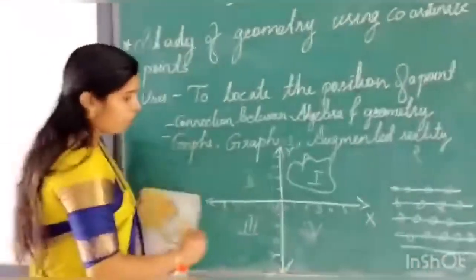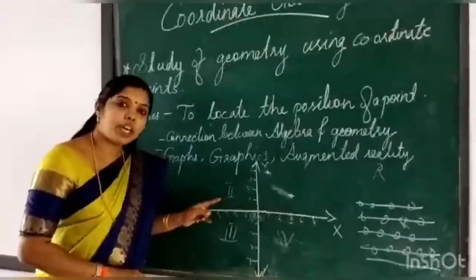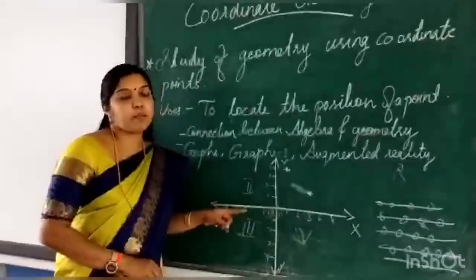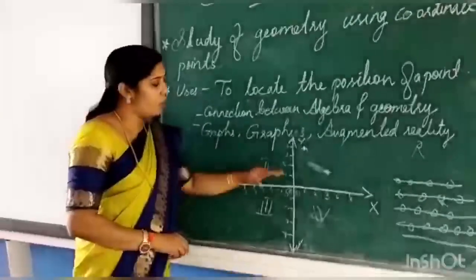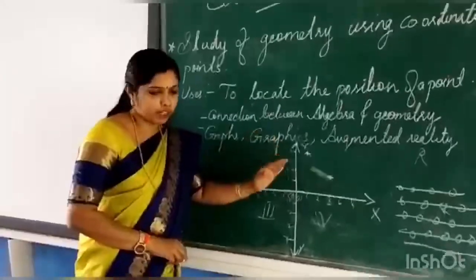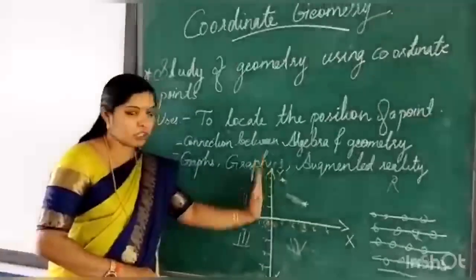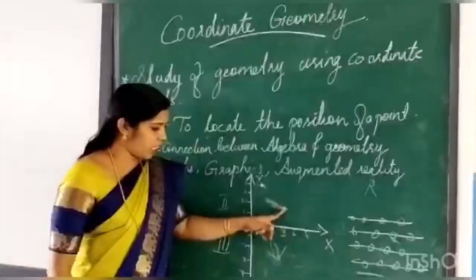Now see how to locate a point, or how to describe a point on the XY plane. Now I am taking the first quadrant, that is the positive x-axis and the positive y-axis. Now I have marked 2 points here.